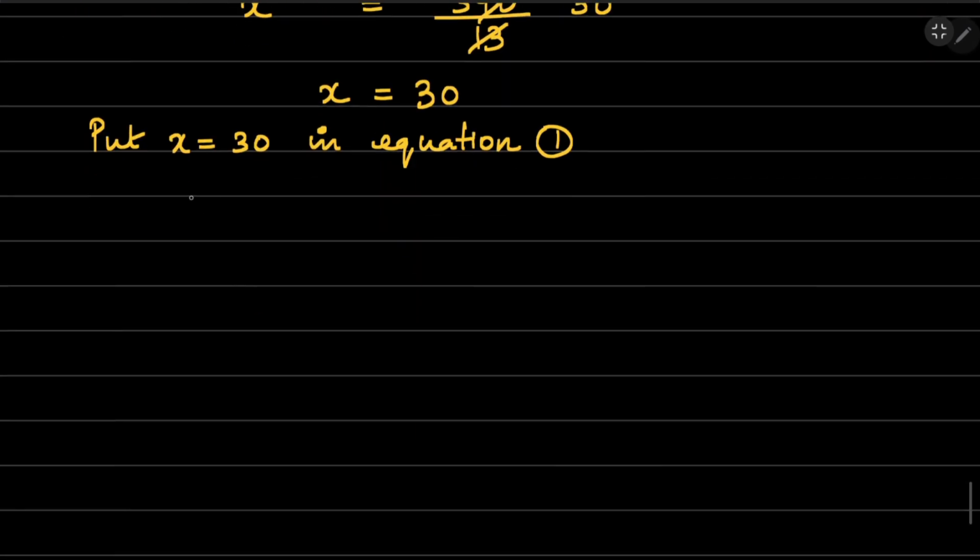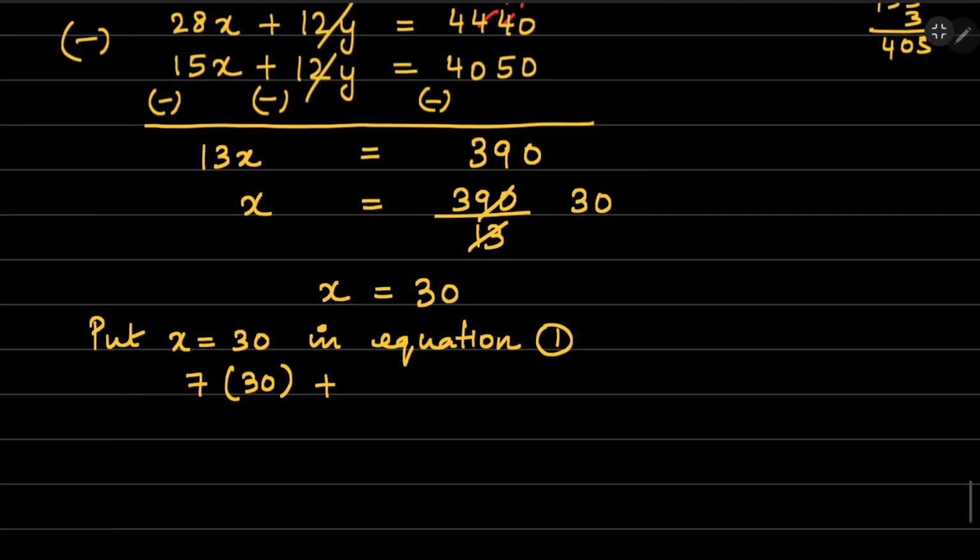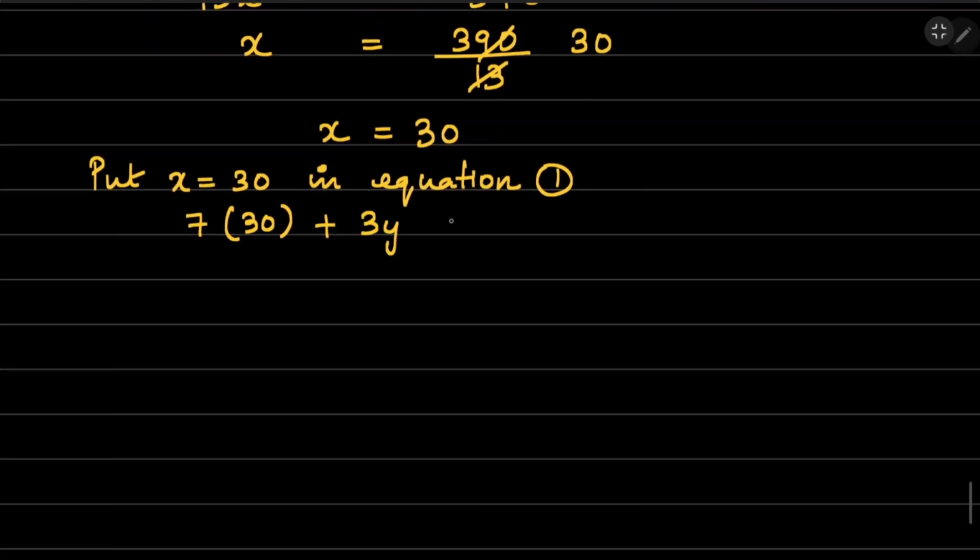So 7x, 7 in place of x, I'll write 30 plus 3y equal to 1110. What is 7 3s? 21 plus 3y equal to 1110.